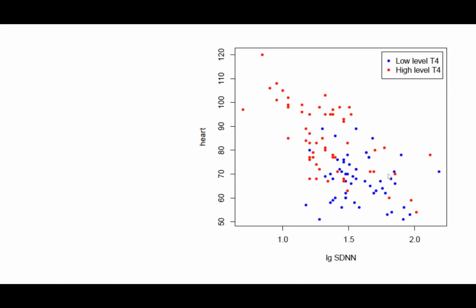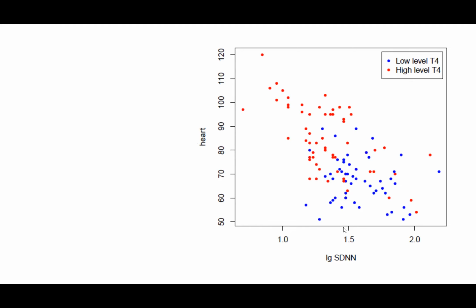Here is the picture. This axis corresponds to the logarithm of SDNN, and this axis corresponds to the heart rate: 50 beats per second, 60 beats per second, and so on.